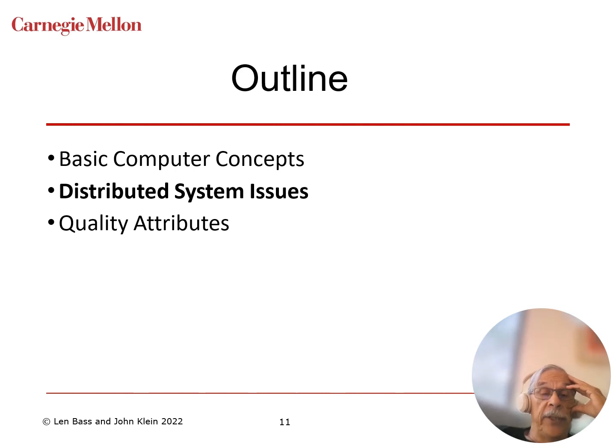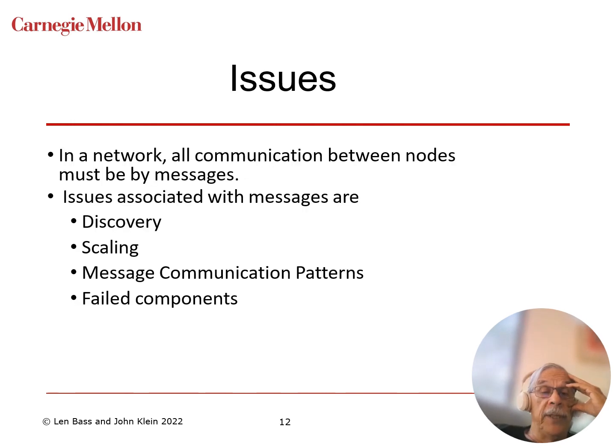There are some issues that are specific to distributed computing. So if you are running in the cloud, it is inherently a large collection of computers that are distributed. And so any communication between the nodes in a distributed system has to be by messages.